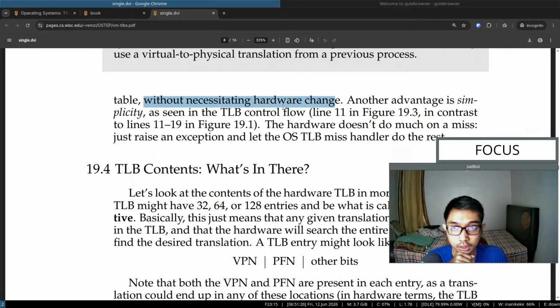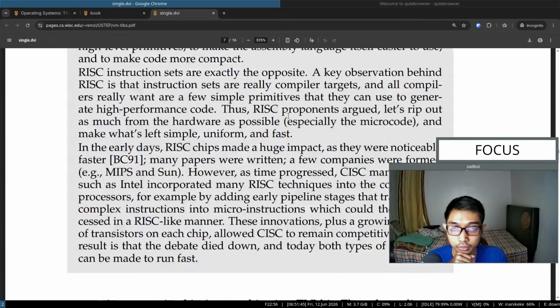Another advantage is simplicity, as seen in the translation lookaside buffer control flow in lines 11 in figure 19.3, in contrast to lines 11 until 19 in figure 19.1.